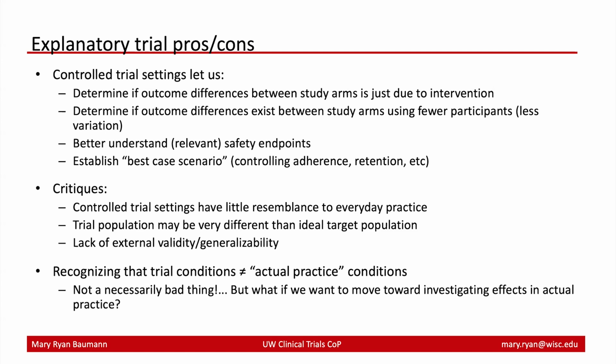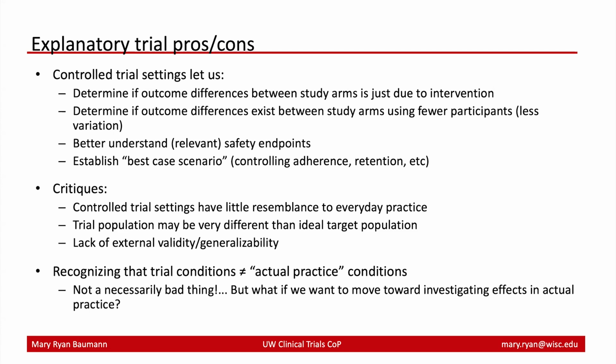And that might not be the population that you're really hoping to target in actual practice. You might have a lot of rural residents. You might be trying to focus on a wider area. So you might be concerned that the effects you see in this trial population aren't necessarily going to be the same as those that you would see in the population you would see in your everyday care.